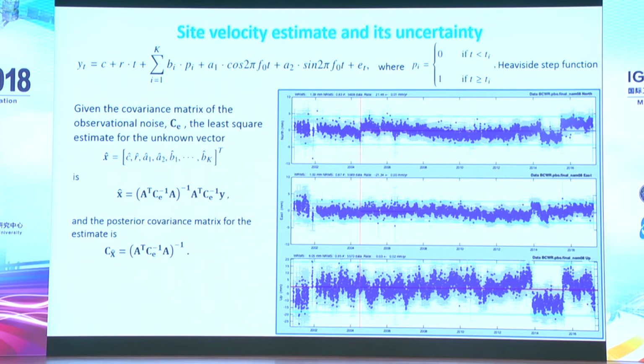We can also extract the velocity uncertainty from the posterior covariance matrix, which depends on the observation noise covariance matrix. Now, in order to realistically estimate the uncertainty in the site velocity, we need to know the realistic covariance matrix for the observation noise in the GPS time series.